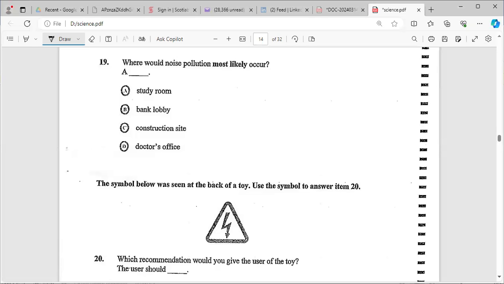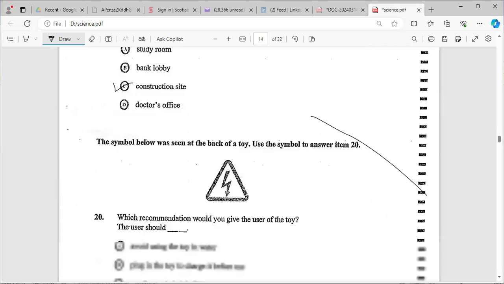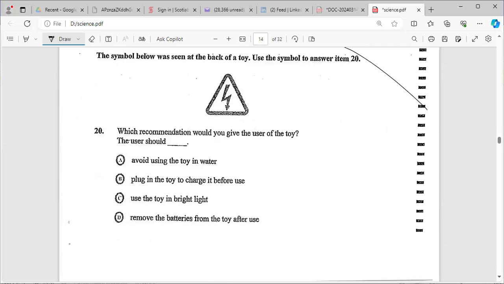Where would noise pollution most likely occur? A. a study room, B. a bank lobby, C. a construction site, or D. a doctor's office. And it says most likely it will be a construction site. Sometimes they have heavy machinery and all of these things there.